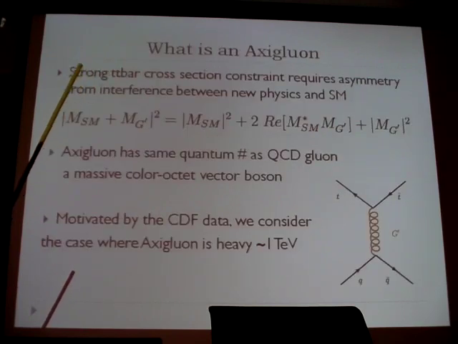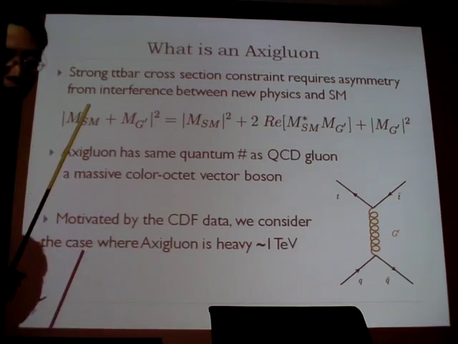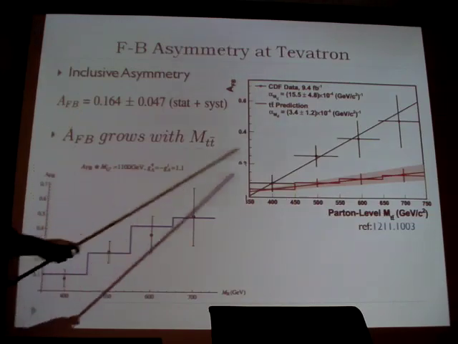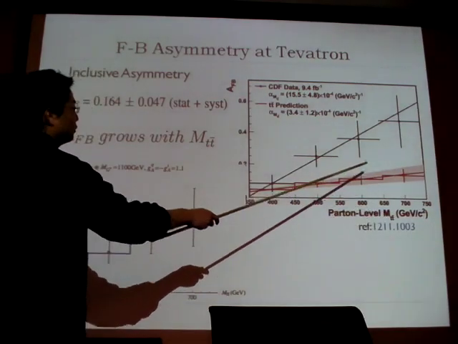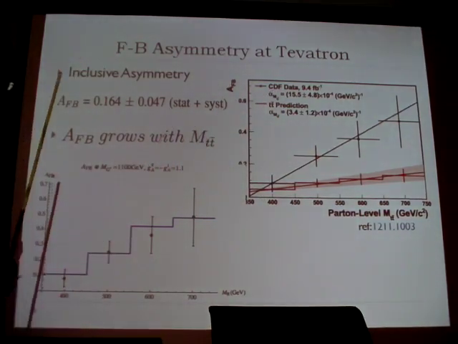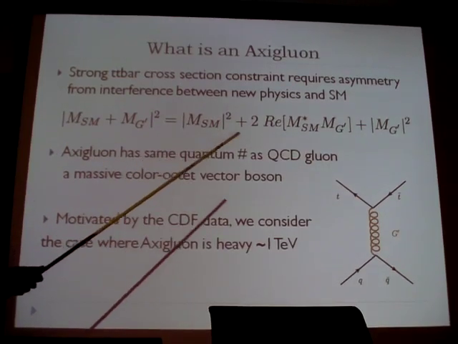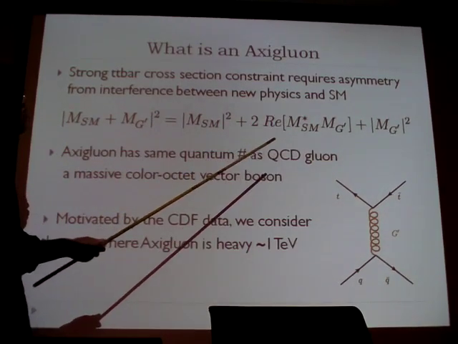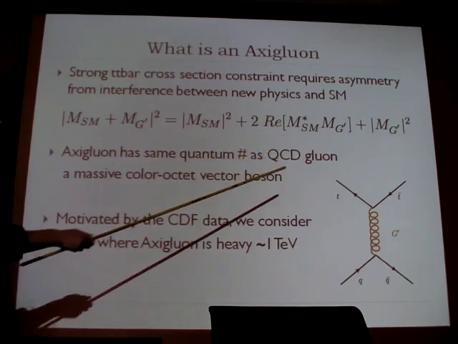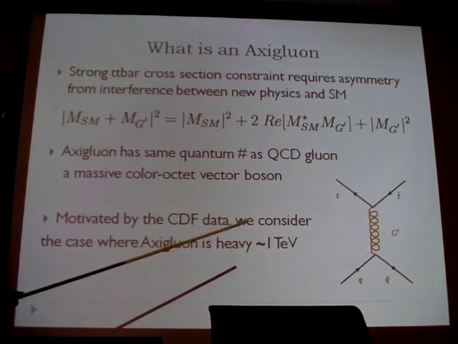Sorry, why is it that the constraint is easier to satisfy if it's interference? Oh, it's because at the larger invariant mass region, the size of the asymmetry could be very large. If we wanted to generate such a large asymmetry only from new physics, this amplitude would need to be very large.